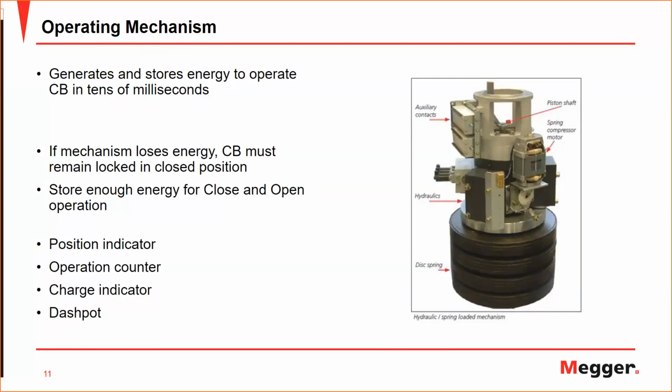In case there is any leakage of this energy, depending on the mechanism type, the breaker should not be operated if the mechanism is not fully charged to give you the specified trip time or close time. I would say the mechanism should be in a locked position. You cannot, for example, open or close the breaker.